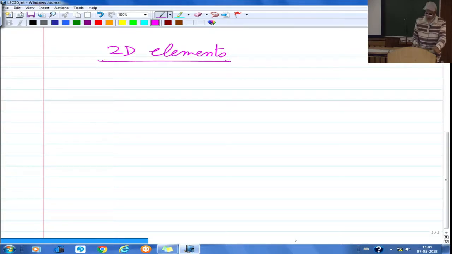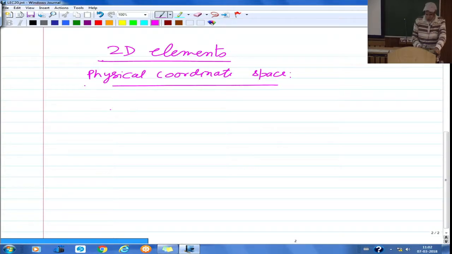Actually, one question was about, so I was talking about two dimensional elements. We talked about formulation in physical coordinate space. Here again we said we can have triangles and we can have rectangles.